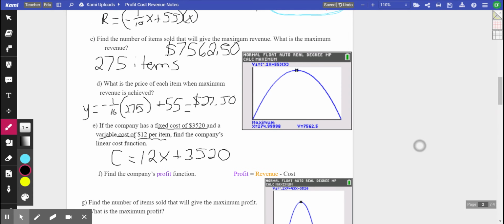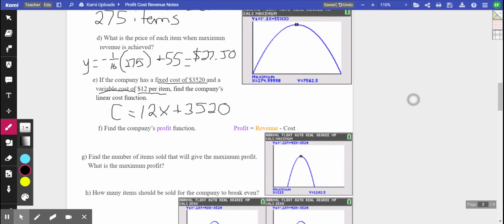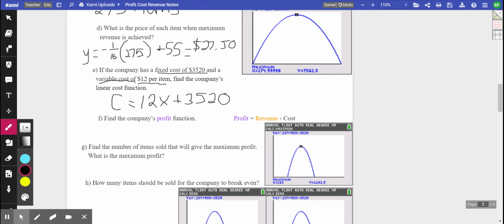In the next example, we need to find the company's profit function. So profit is equal to our revenue subtract our cost. I wrote that over here. Our profit is equal to our revenue subtract our cost.